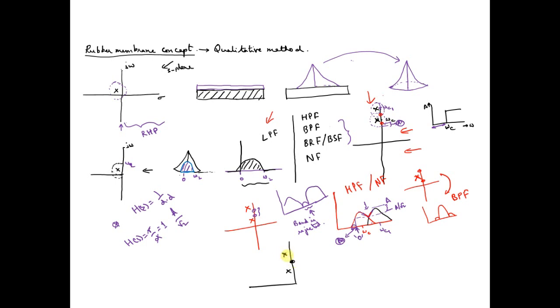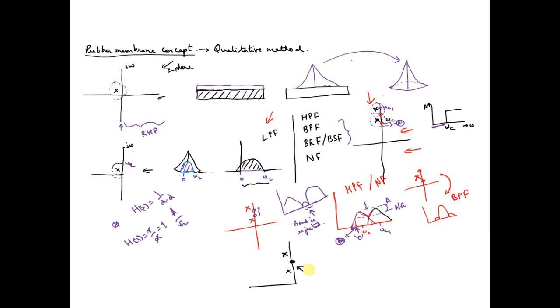You have the poles, you place the poles on either side, and at the specific frequency where you want to stop the frequency component, you place the zero over there. So it becomes your notch filter.